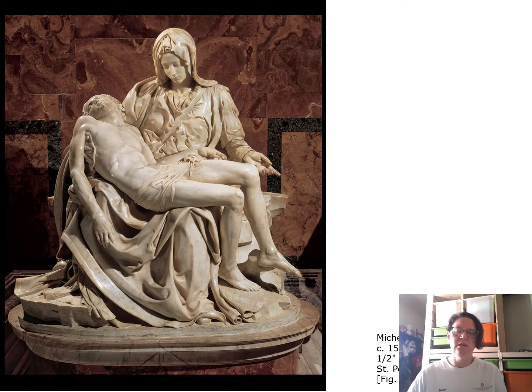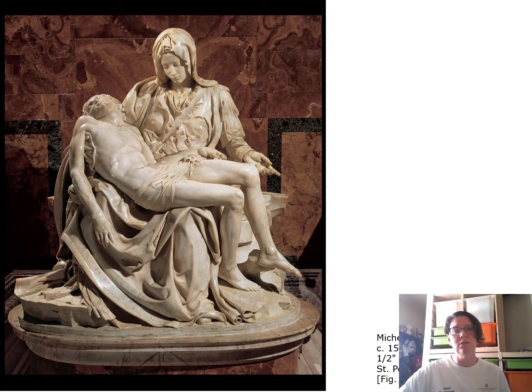The Pietà is the one sculpture that has been defaced many times in the history of art. It creates such an emotional reaction from viewers that they've had to put it behind plate glass so that you can't get close to it, because it's been damaged many times by viewers taking objects to it and hammering it and things like that.